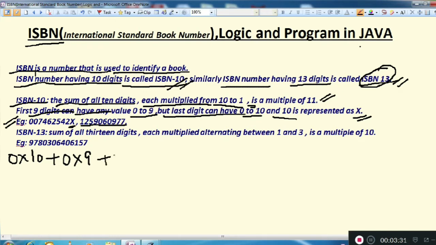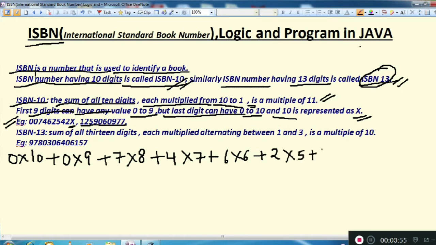Plus the third digit is 7 and it should be multiplied by 8. The next digit is 4 multiplied by 7, plus 4, after that 6 multiplied by 6, plus 2 multiplied by 5, plus 5 multiplied by 4, plus 4 multiplied by 3.